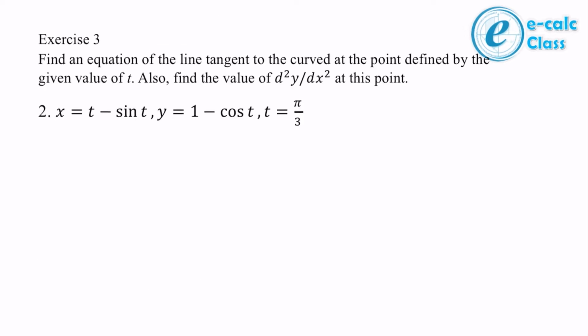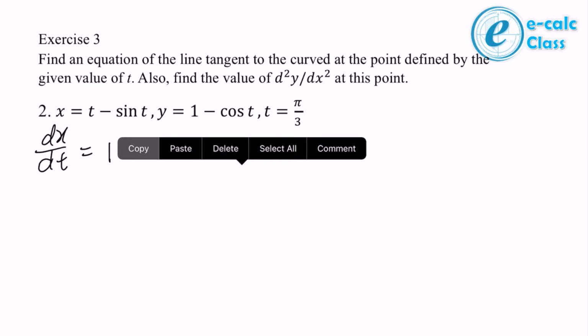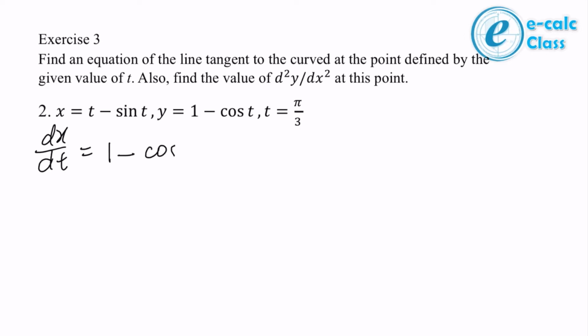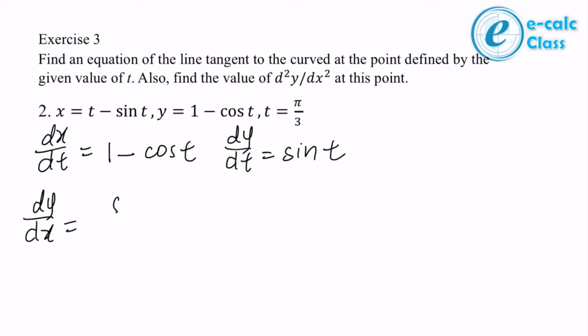We look at the next example. Oh, we have sine and cos, slightly more complicated. And we have t equals pi over 3. Same thing: find your dx/dt and dy/dt first. 1 minus cos t. 0, minus minus becomes plus. Then dy/dx is dy/dt over dx/dt.